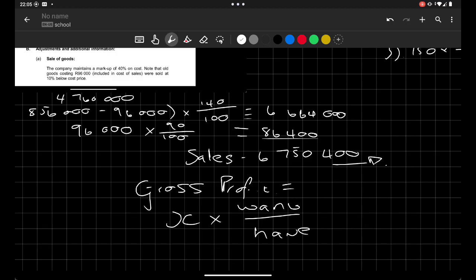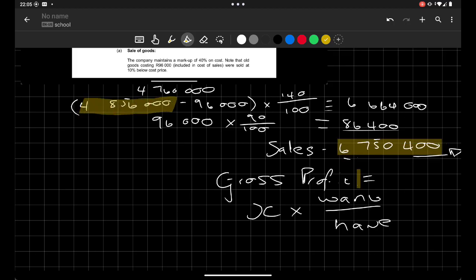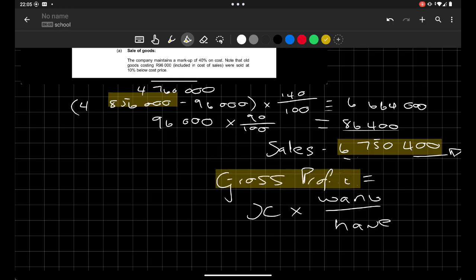Then, once you've calculated the gross profit, use this total sales minus your cost of sales, and see if you have the same gross profit amount.